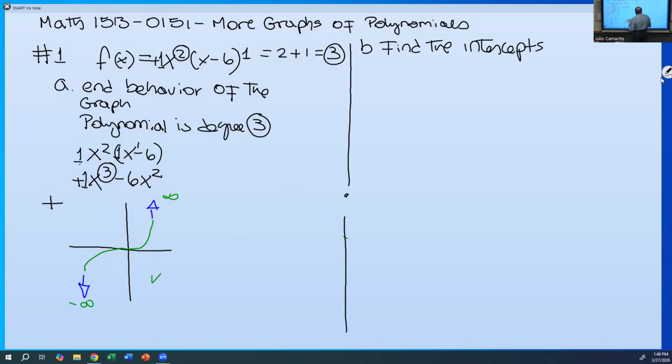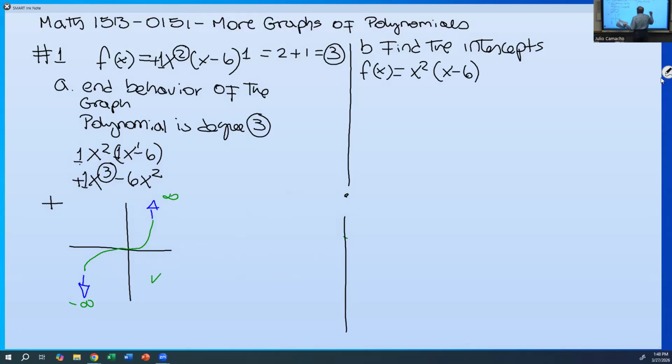To find intercepts, you can go back to the original equation that we gave you in the beginning of this question. F of x is equal to x squared times x minus 6, because those are the two factors that you got when you factored the equation x cubed minus 6x squared.